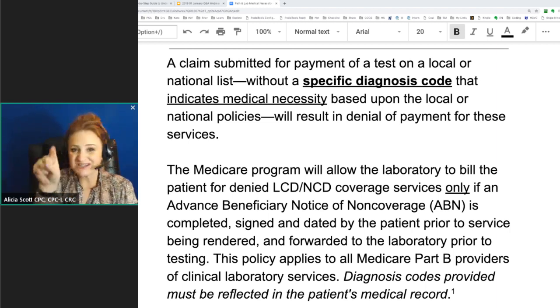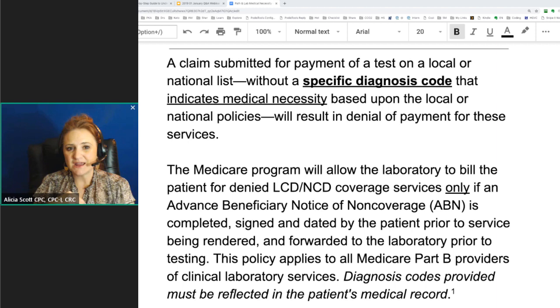You can't just take the top one that's given. It has to correlate. So you can't have an HA1C done because the person has an upper respiratory infection, because that doesn't correlate. That doesn't show medical necessity.